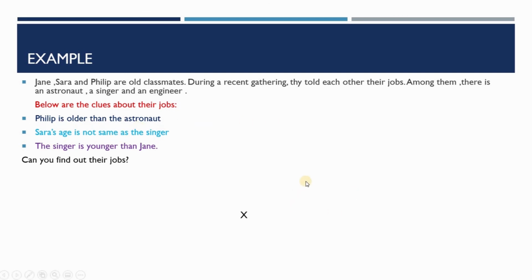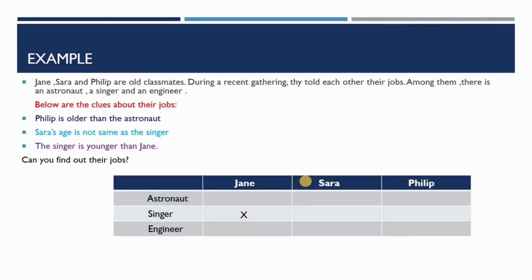Again, if you want to solve this problem, you have to use a table. I have a table for you here. It looks like this: you have 3 job titles, astronaut, singer, and engineer, and 3 persons. I need to go through the same process for solving this problem. Use the table and gather some information that can help you solve the problem.